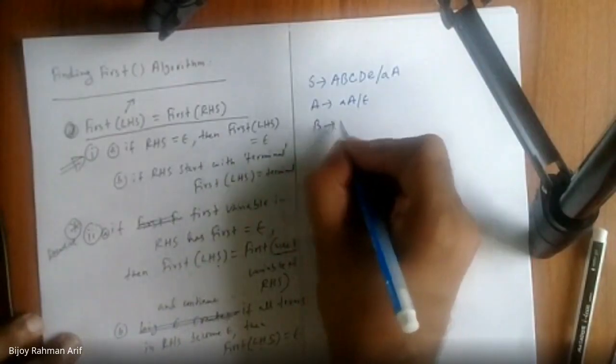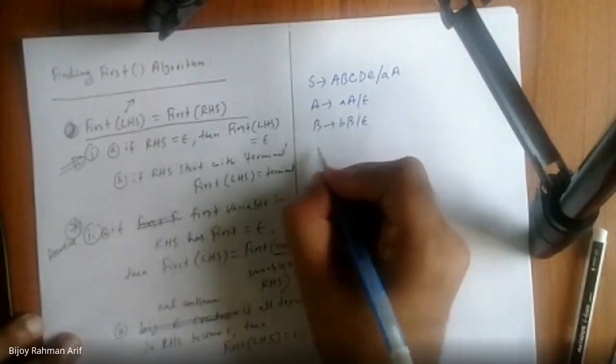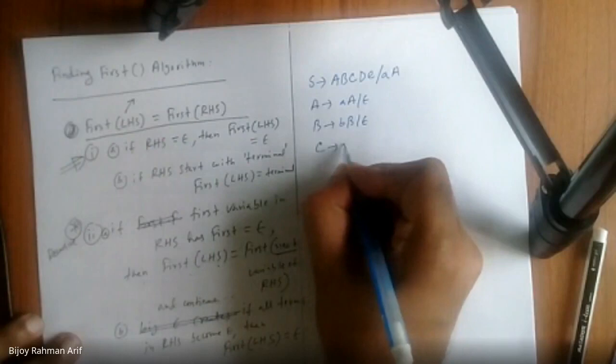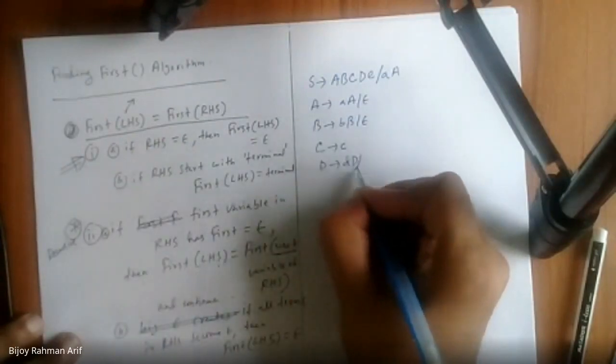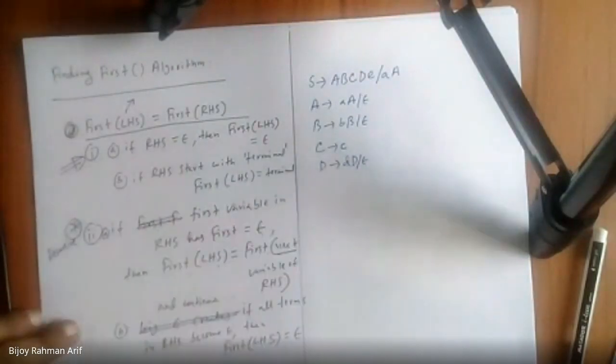B derives BB or epsilon. C derives small c. D derives DD or epsilon. Done. So how can you find first and final?